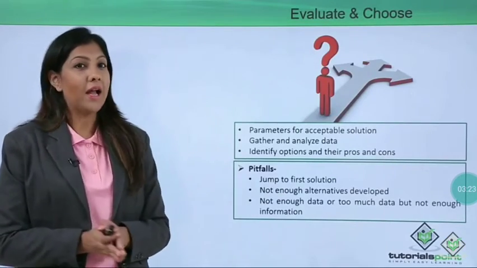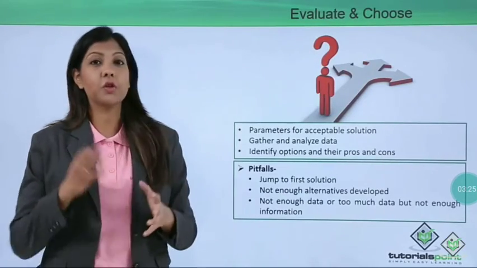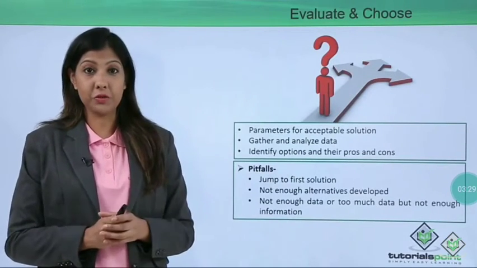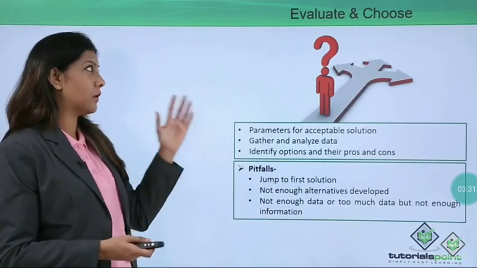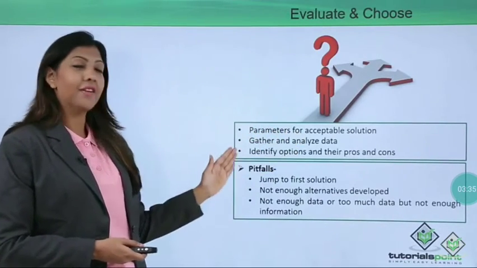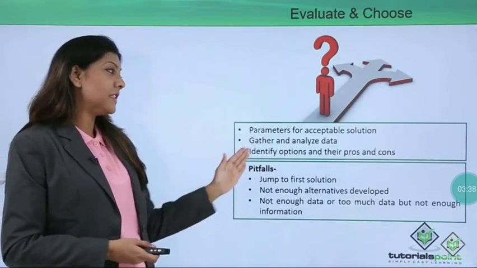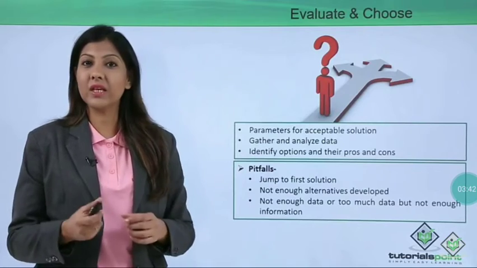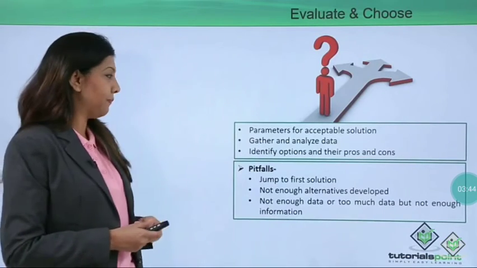The next step is evaluate and choose. You may have different alternatives which have come up for that particular problem that you want to fix. So you need to identify and also evaluate parameters for acceptable solutions, gather and analyze the data, and identify the options as well as the pros and cons, or the strengths and weaknesses, of those options.